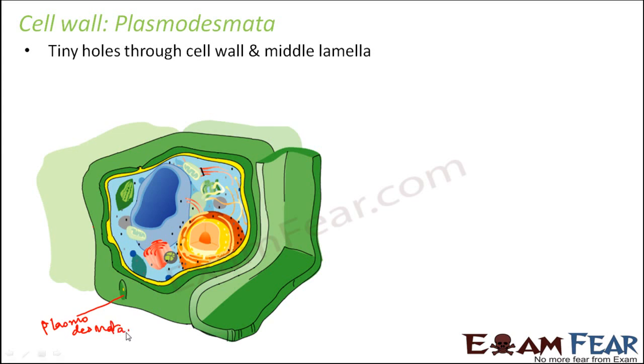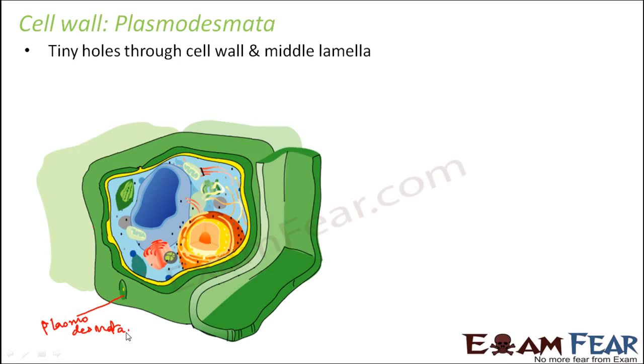plasmodesmata. So why do we have these holes here? As I said, middle lamella is going to join two adjacent cells. Now those two cells, if they want to communicate with each other, there has to be some path. Communicate in the sense, obviously the cells will not talk, but at least they should be able to exchange materials amongst each other.